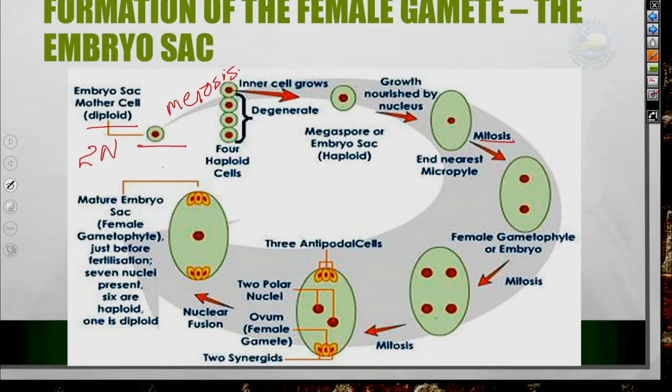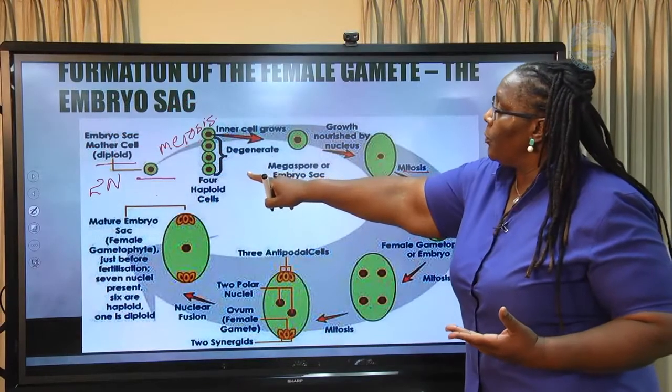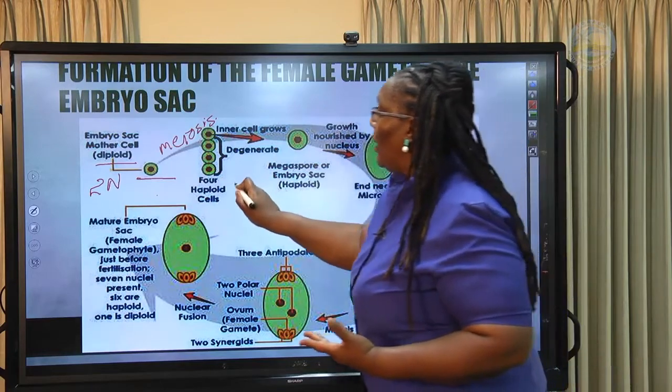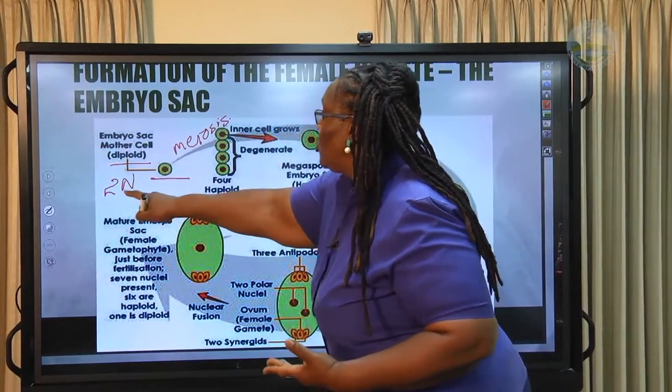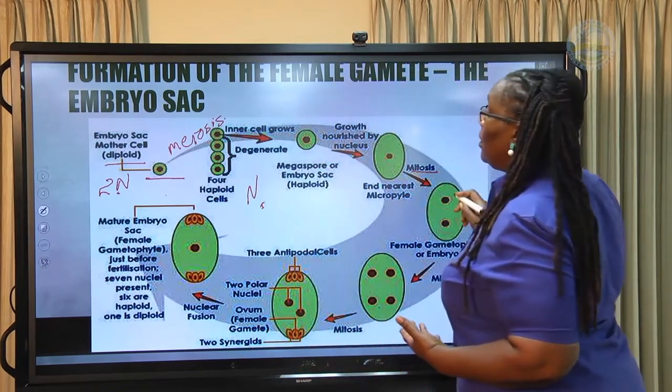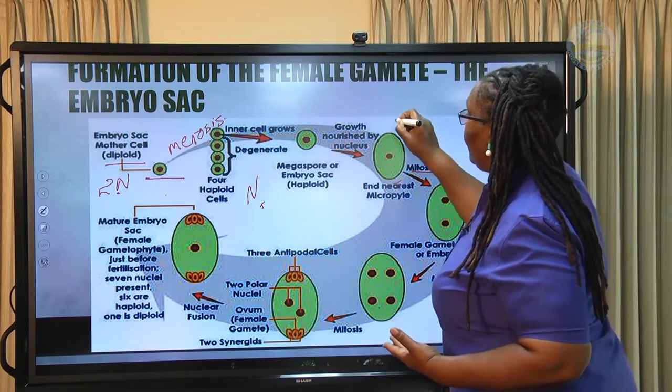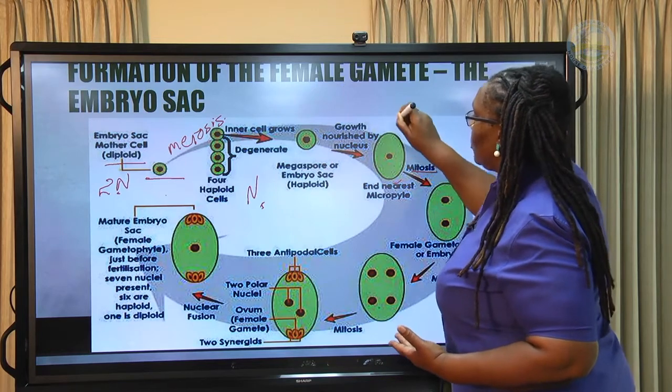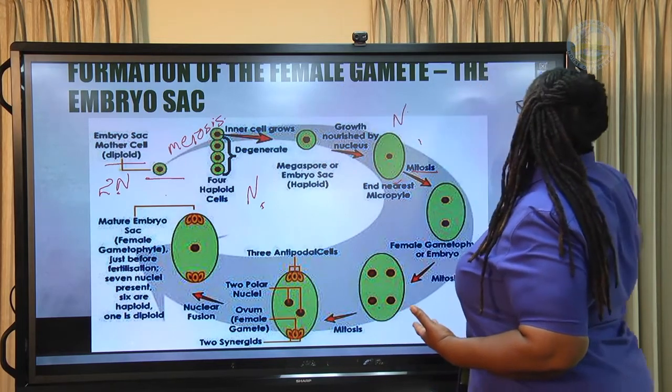So mitosis, this cell here that was produced through meiosis, so these are all N. This was 2N. These are all N. And this cell, so this is still N, has 1 nucleus in it. We use a different color.